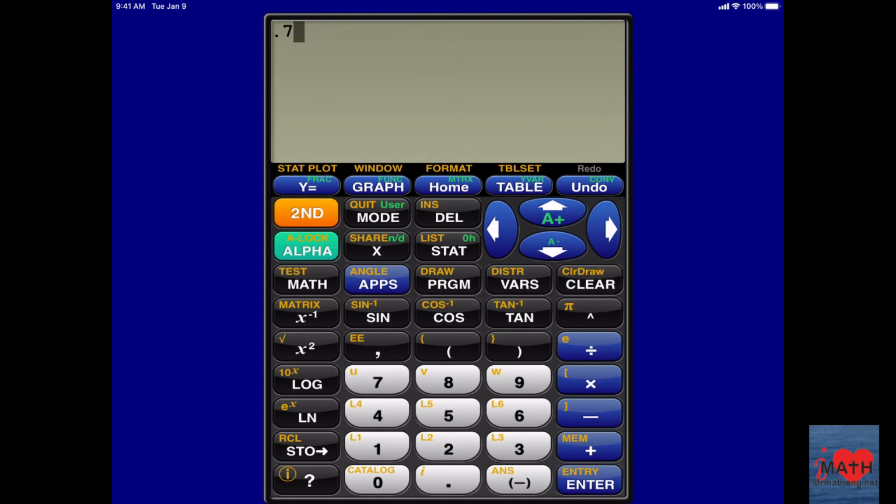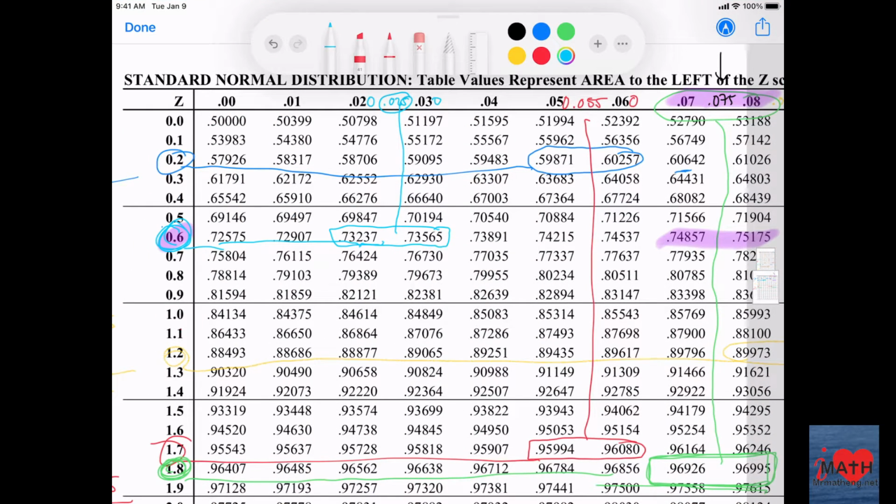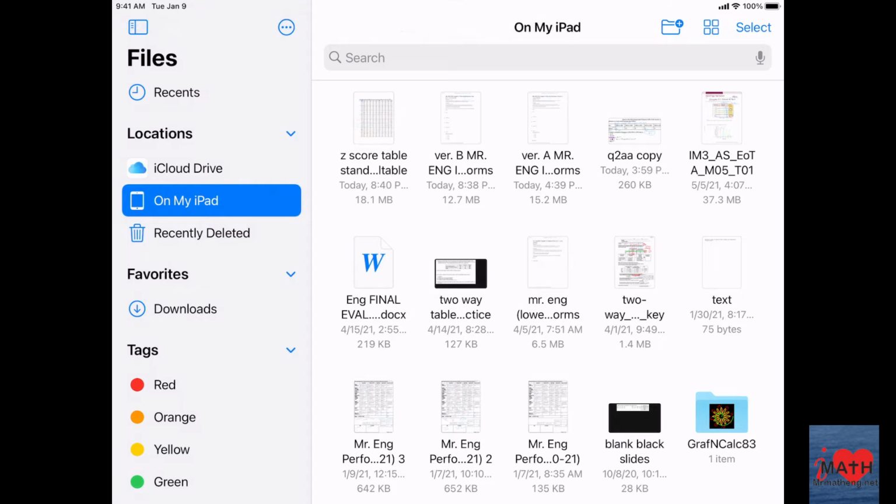So 0.73237 plus 0.73565, and then divide the answer by 2, and I get 0.73401. Okay, so that's not my z-score. My z-score is 0.6 plus 0.025, which gives you the number we needed.